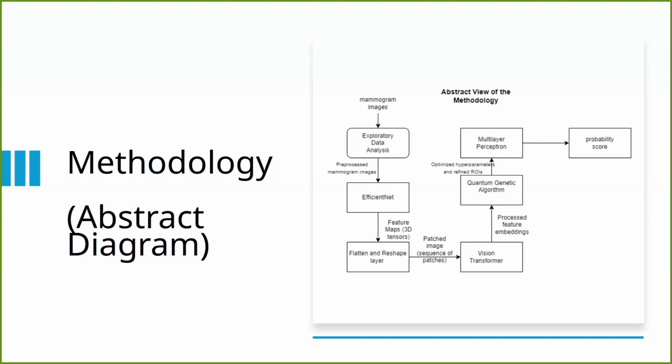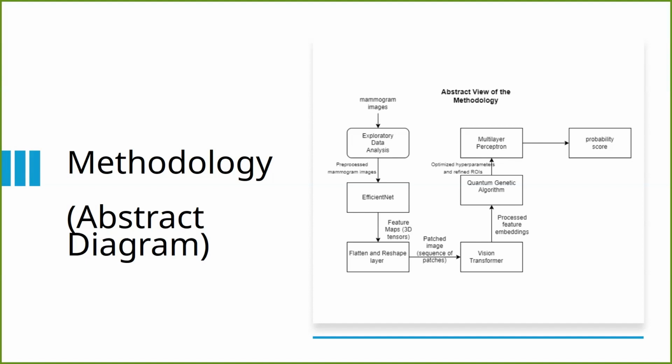Inside the QGA, we first initialize the population. That is, we randomly generate initial parameters and regions of interest selections. Then we evaluate fitness. Of course, we use the fitness score as our metric of measuring the fitness. Then we update parameters. That is, we apply quantum-inspired mutations and crossover.